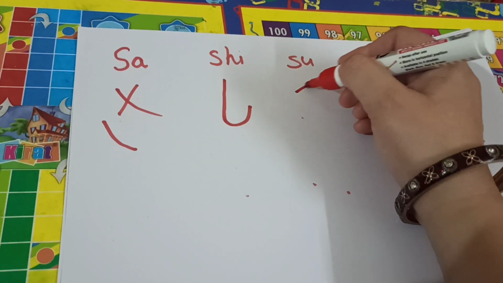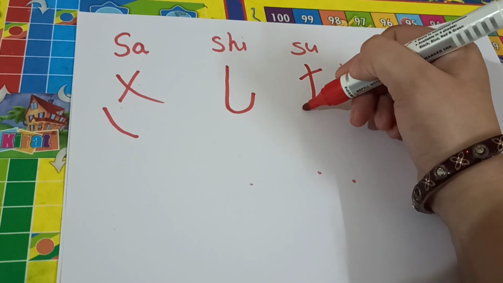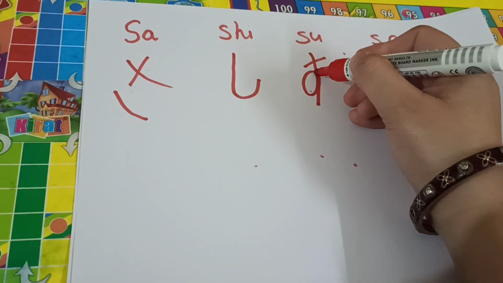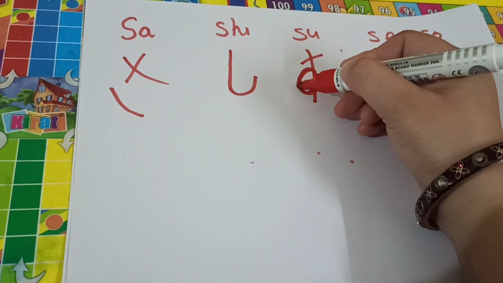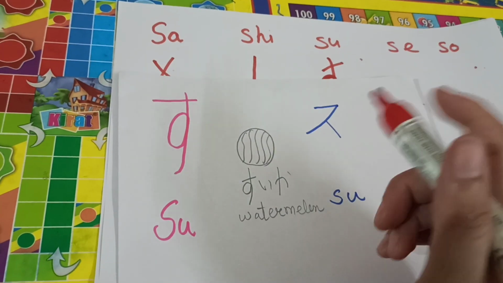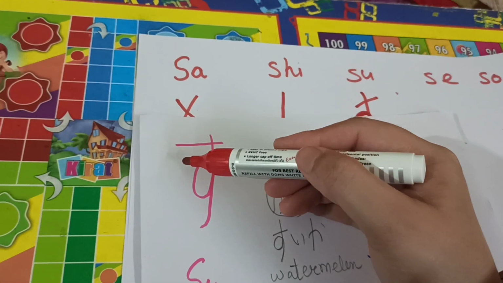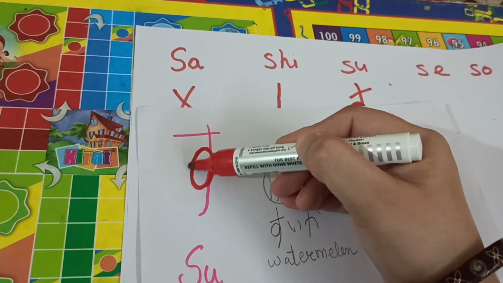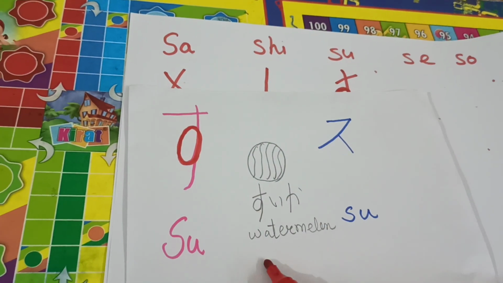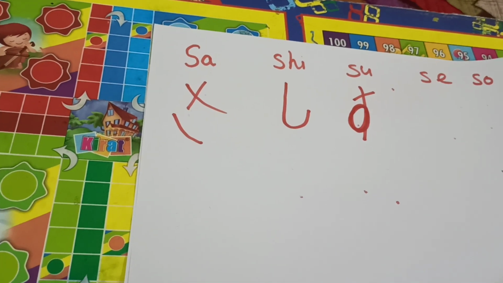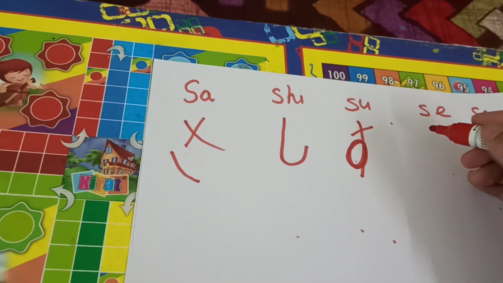Next one will be Su. Su is like a big watermelon. Watermelon is called suika in Japanese. So this body is like a round melon. Suika. Watermelon. Next is Se.